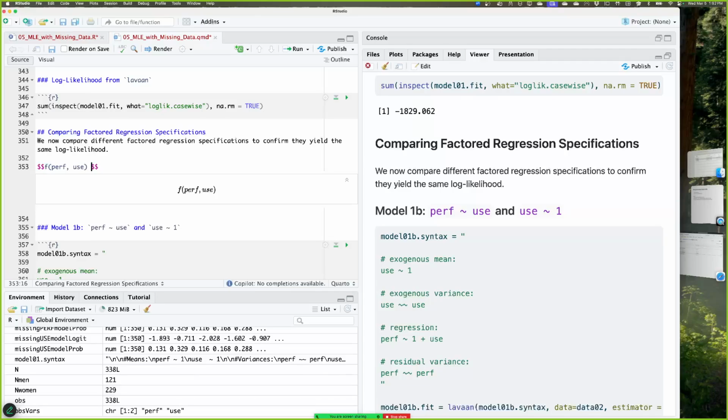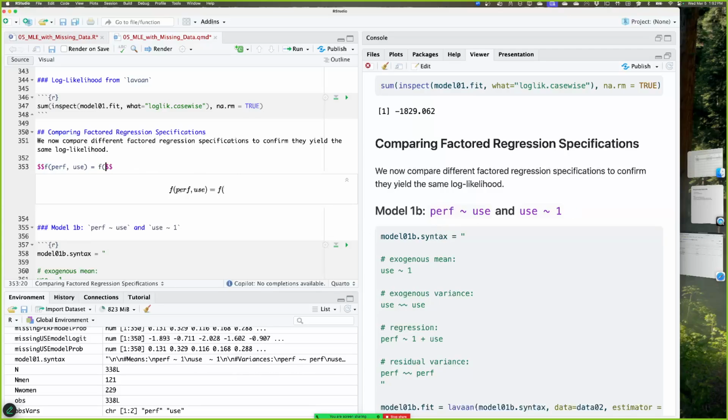But remember from several weeks ago, the properties of conditional distributions, right? This joint distribution, the distribution of more than one variable, can be factored into a conditional distribution times a marginal distribution. And in this first sense, we're going to take performance and make it conditional on usefulness.